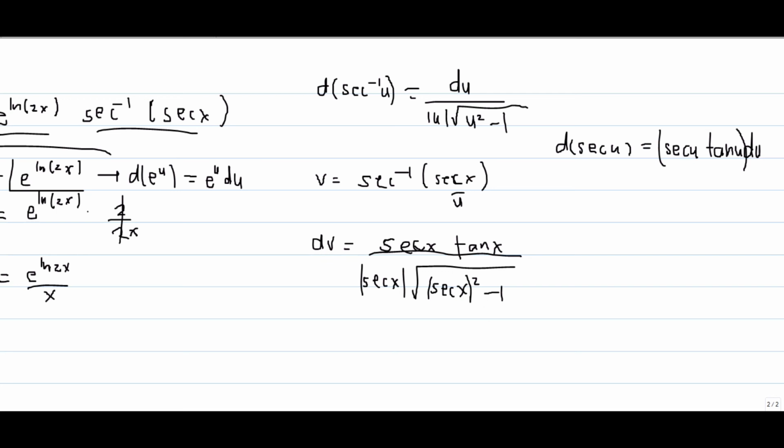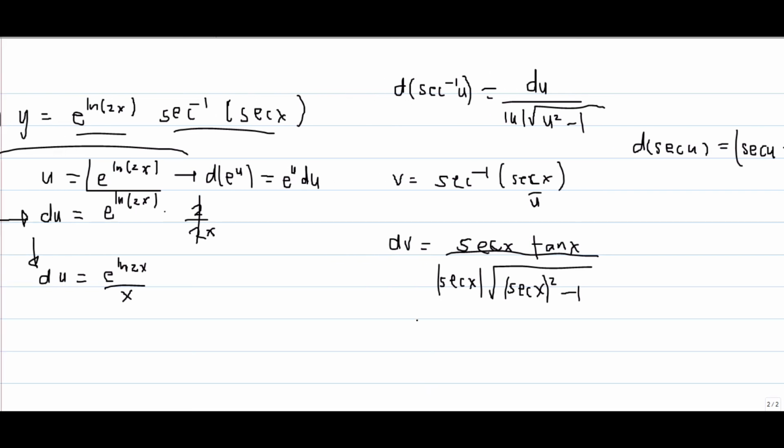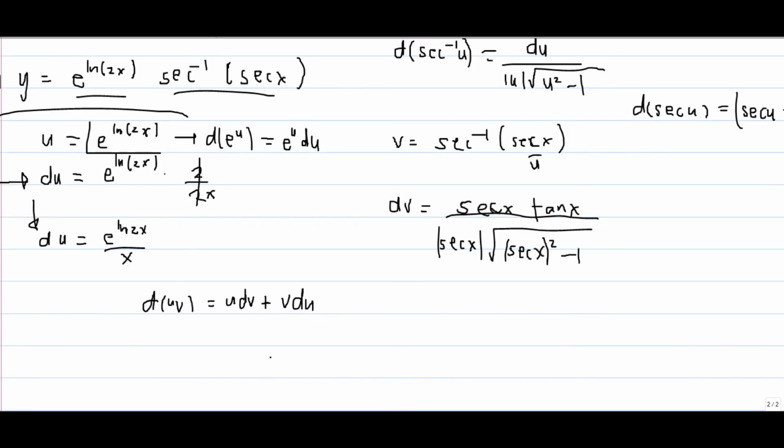Okay, so again, since the given is a product, you must take the formula of the product rule of derivatives. So this is the product formula of derivatives: (uv)' is equal to u dv plus v du.